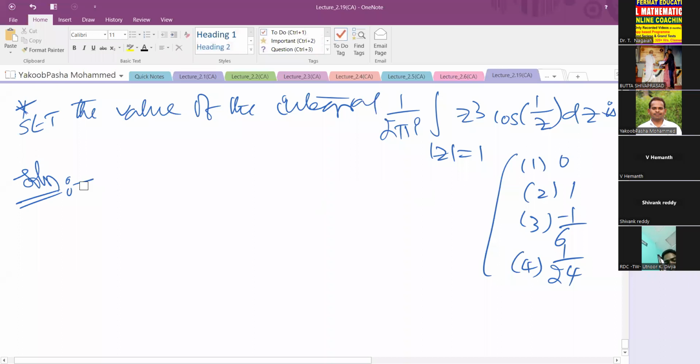First I am taking let f of z is equal to z cube into cos 1 by z.